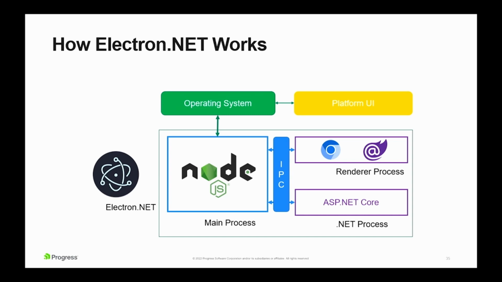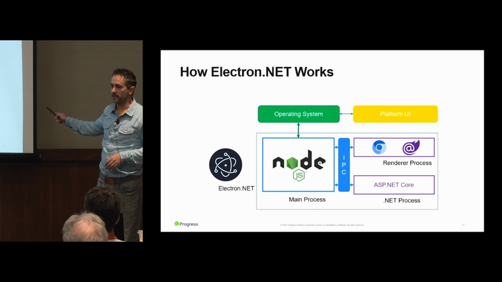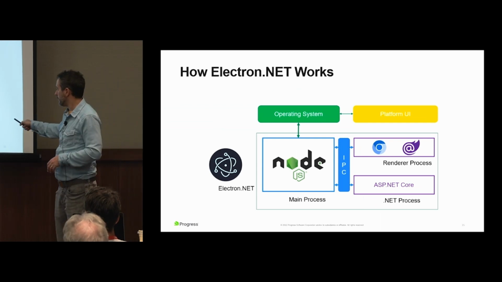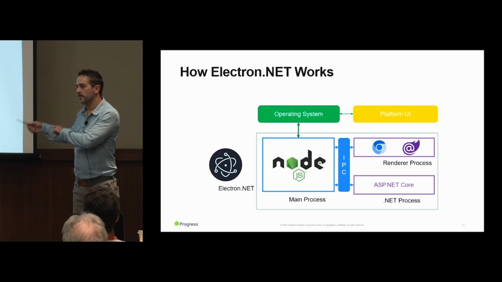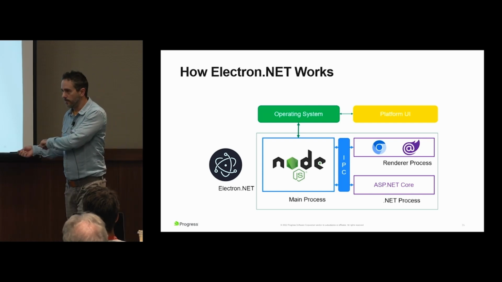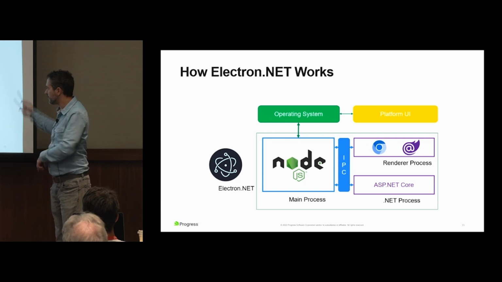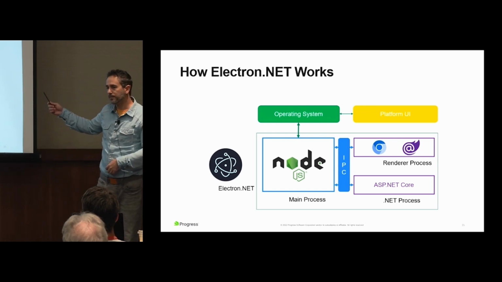The reason this works is because with Electron.net, we have that Node.js main process, but we also have a .NET process that's communicating across the IPC. Since it is a .NET process, that means we have the full .NET runtime of that device. This is not WebAssembly. We also have a render process working in Chrome.